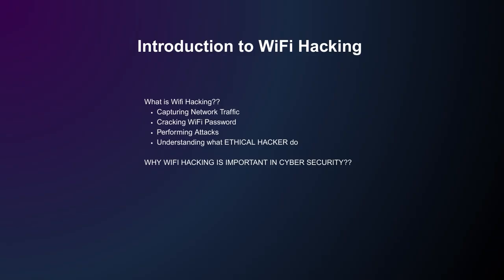Before an unethical hacker, or a black hat hacker, you can say, exploits the target, we as ethical hackers, as responsible cybersecurity people, have to find the flaws first to patch up the encryption. What Wi-Fi hacking includes is capturing Wi-Fi traffic, capturing the Wi-Fi password, and performing attacks like man in the middle attack, deauthentication attack, and fake authentication attack. So we are going to perform them later.